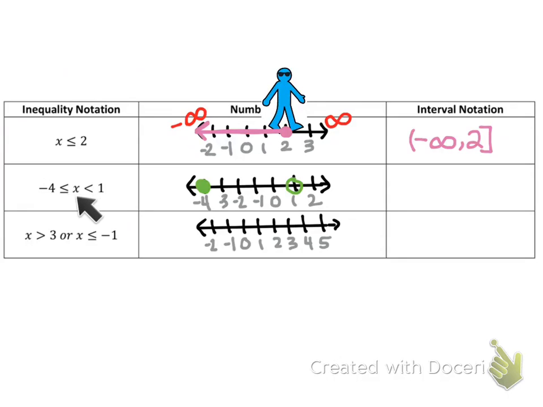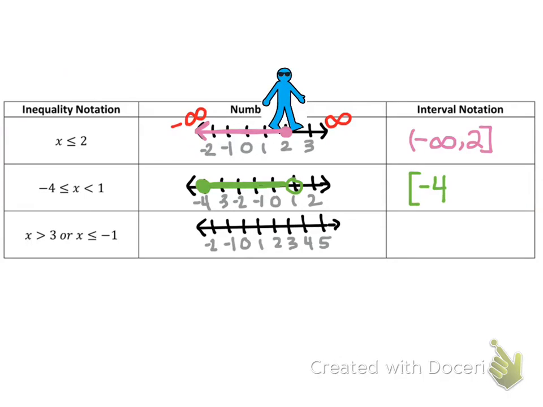Our x values can be any numbers between negative 4 and positive 1. Reading it from the inside out, x is greater than or equal to negative 4, but at the same time x can only be less than positive 1. So our solution for x is shaded right in the middle.